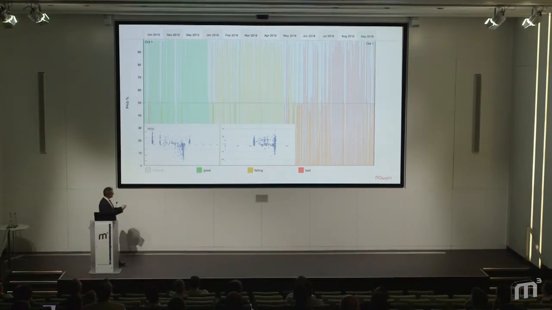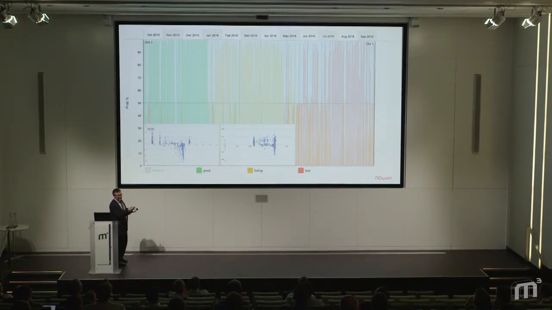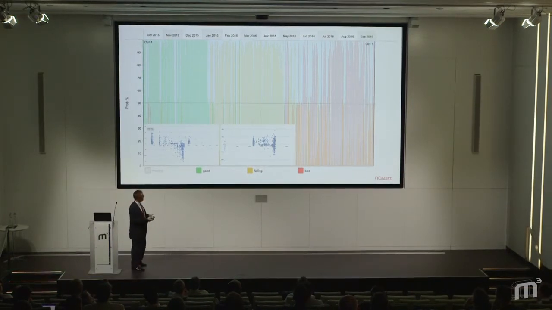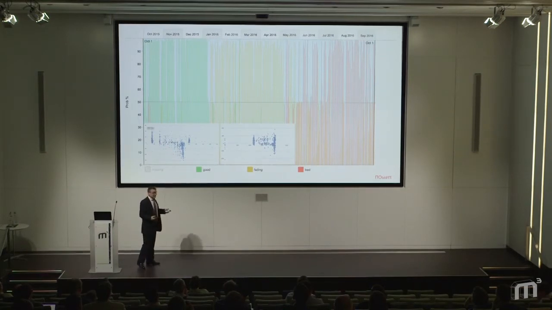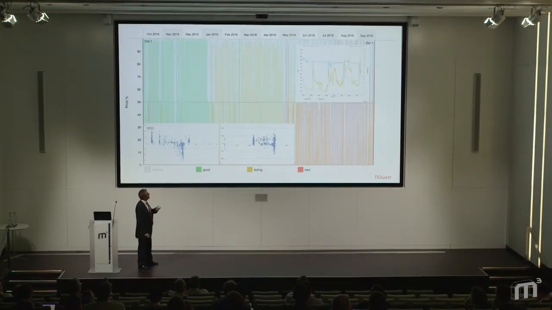Now, come May, which is when a lot of chillers and freezers and AC units fail, of course, the AI saw another set of conditions. About 80% of the time it's saying, I'm seeing this new condition. And if we look at the raw data, you can see, yeah, sure, this is not looking good. The compressor's running pretty much permanently apart from defrost, and the temperature's all over the place.